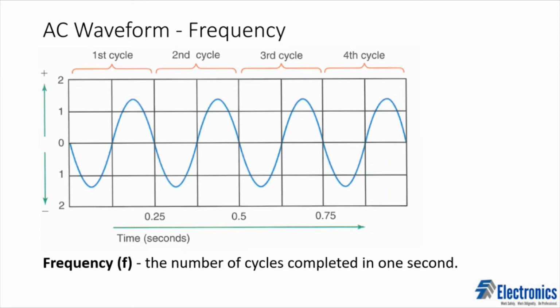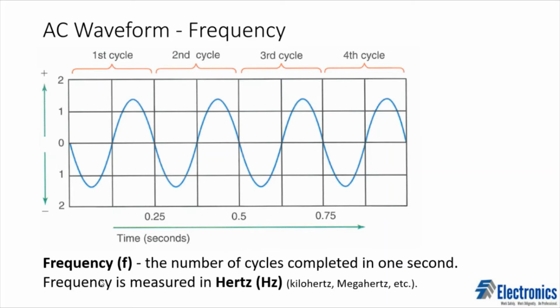Frequency is the number of cycles completed in 1 second. So that's how many cycles in 1 second there are. And by the way, frequency is measured in hertz. In this case, it's the same graph we were just looking at. There are 1, 2, 3, 4 cycles on this graph, which is 1 full second long.